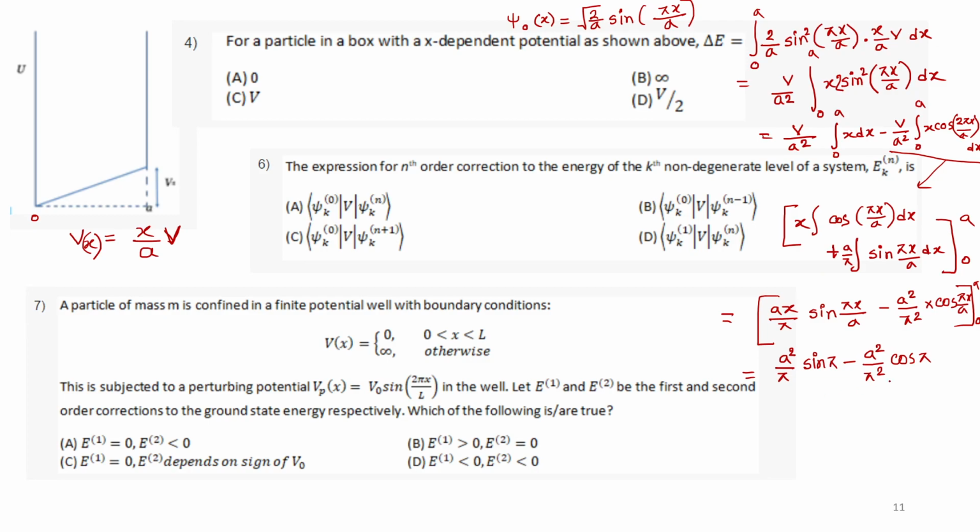Then also 0 for sine 0, and for this part we'll have plus a square by pi square cos 0, which will come as 1. So we are going to get a square by pi square, because cos pi is minus 1, so it has become plus, and 2a square by pi square.